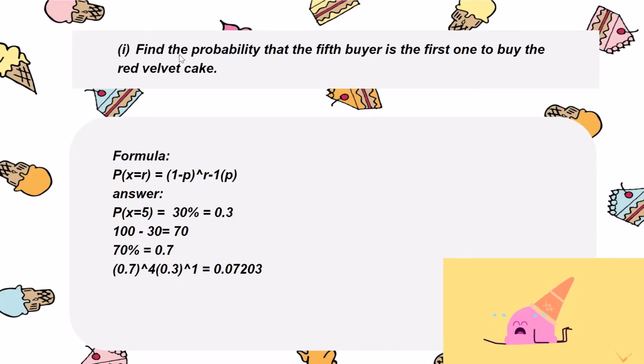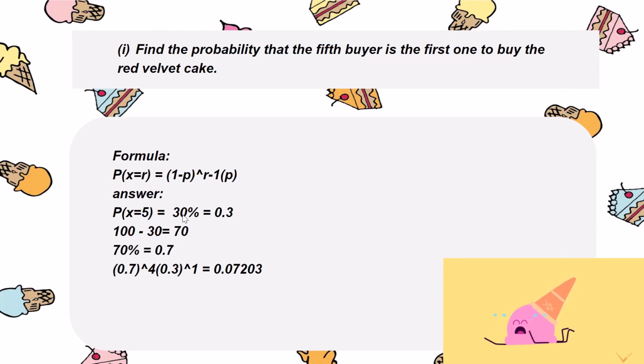The probability that the fifth buyer is the first one to buy the red velvet cake. That means the 4 buyers before him buy anything but red velvet cake. We can use the formula of geometric distribution right here. P(X=r) equals (1 minus p) to the power of r minus 1 times p, which means we need to find 1 minus p first.